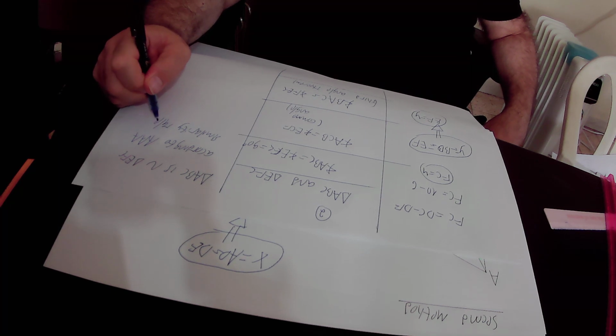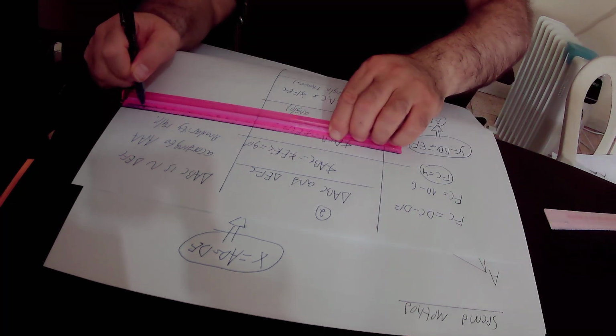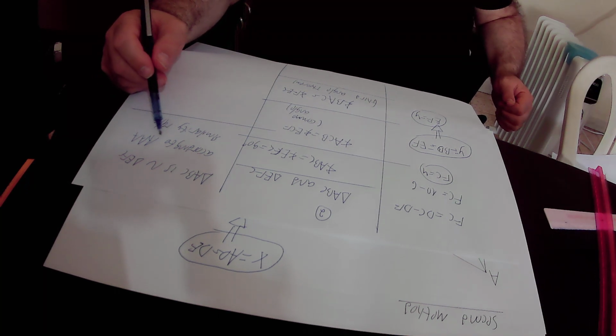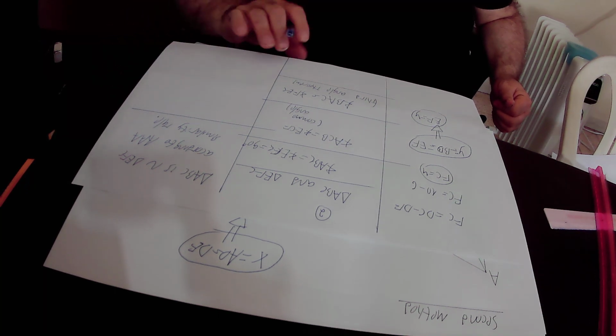I'll repeat again: we proved that triangle ABC is similar to triangle EFC according to the angle similarity rule.